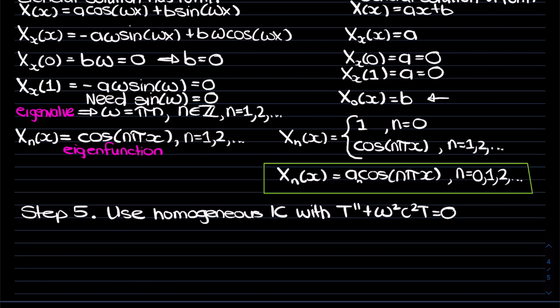If you don't have a homogeneous initial condition, you just need to write the general form of the solution that the ODE up here takes, and then you'll multiply that with your X_n.